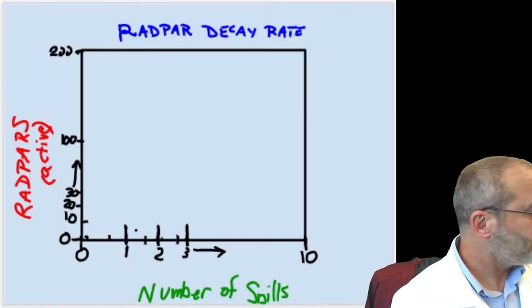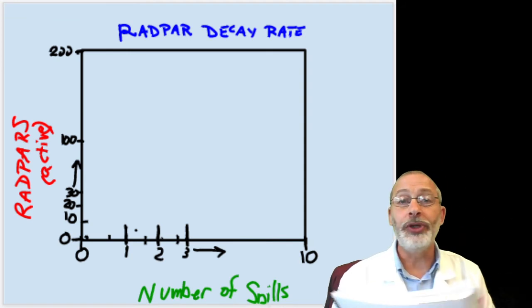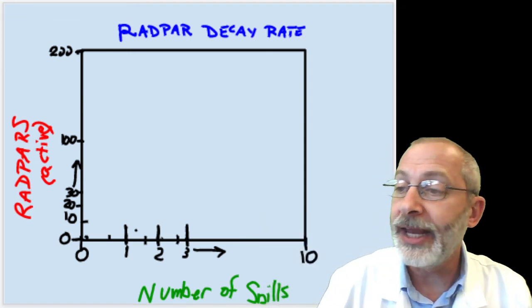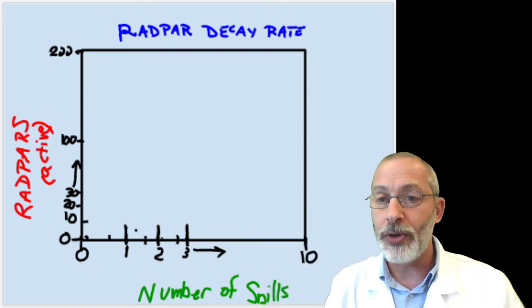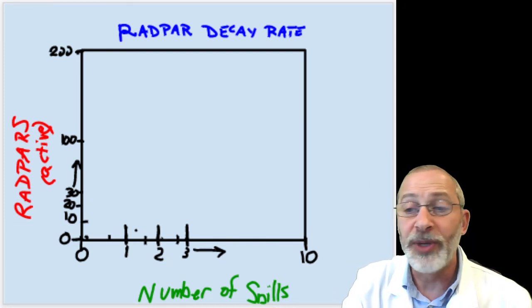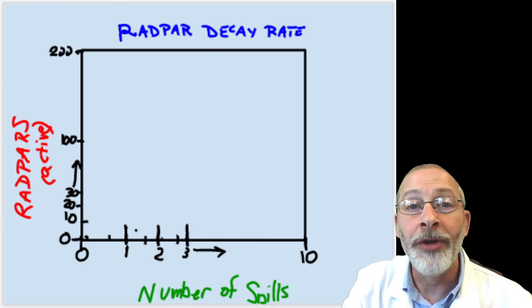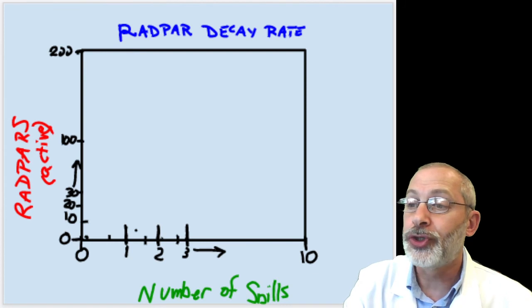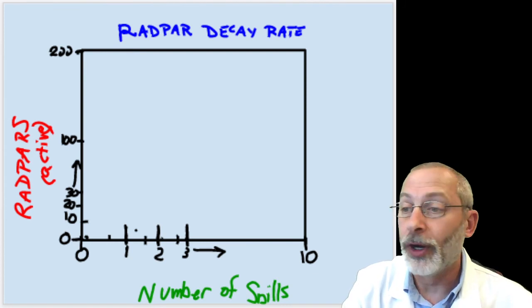I kind of fudged things a little bit here for the purposes of the video, but I'm giving you my original numbers on the graph. I will repeat them for you now. In your data table, spill number 0 was 200. Spill 1, 103. Spill 2, 54.